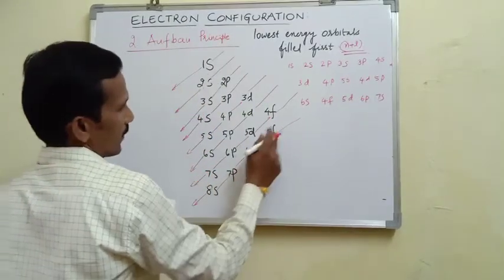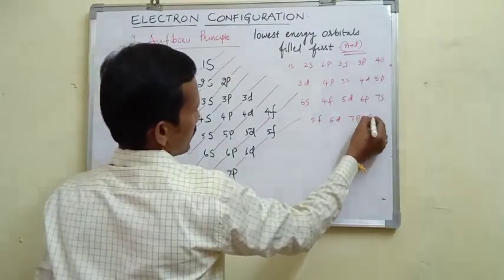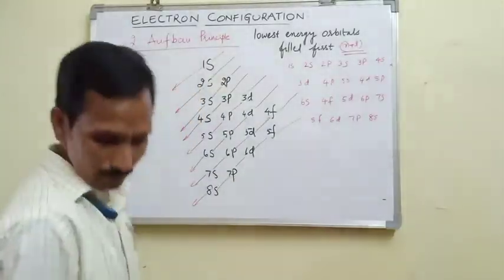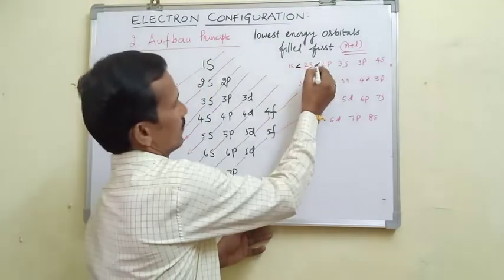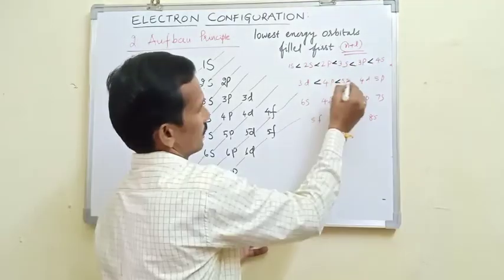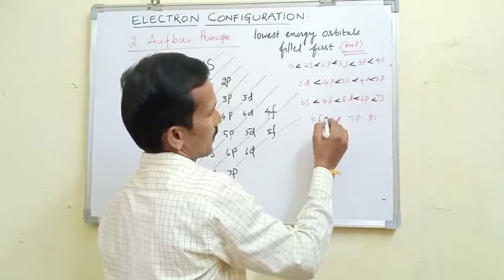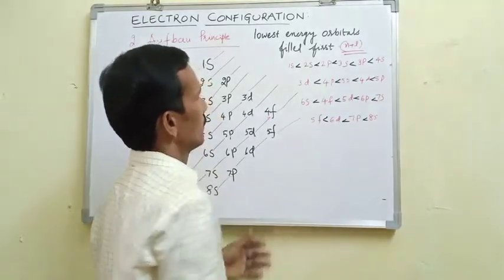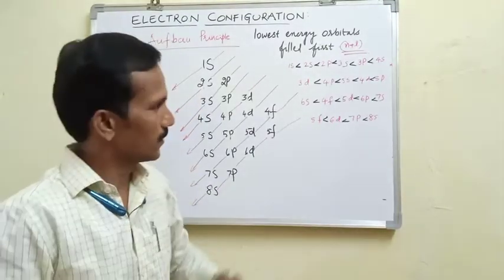After 7s, 5f, 6d, 7p, 8s. This is the increasing order of n plus l value. The n plus l value tells about the energy levels of orbitals.